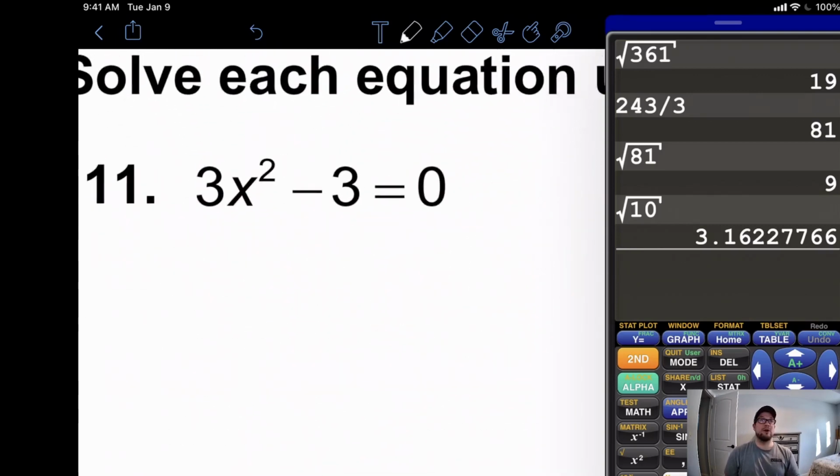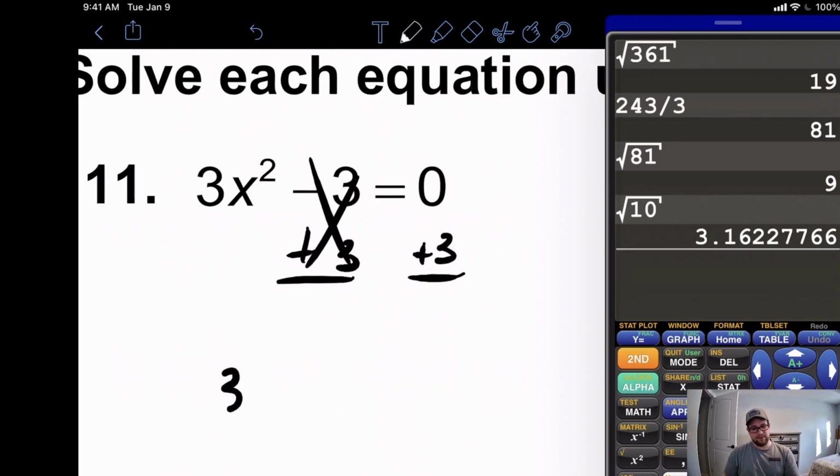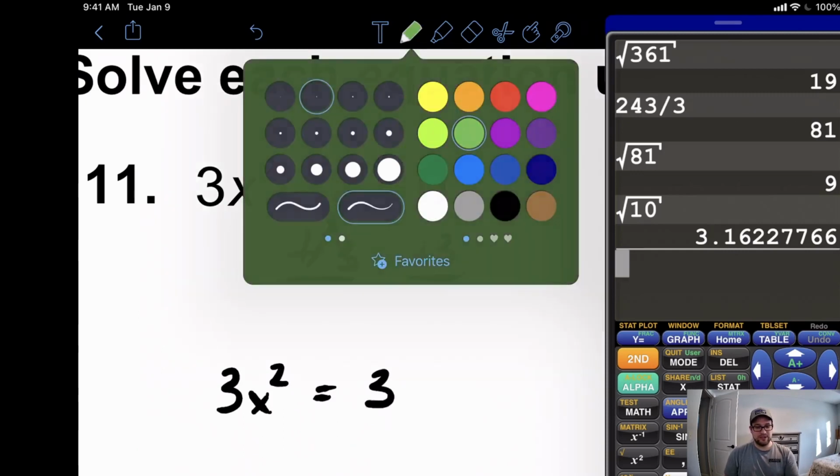Here's our next one. Remember, we need to get the x squared alone. That needs to be the first thing we do. So in this situation, let's add 3 to both sides. These two cancel out. I'm going to be left with 3x squared is equal to a positive 3. Now, at this point, we still need to get x squared alone.